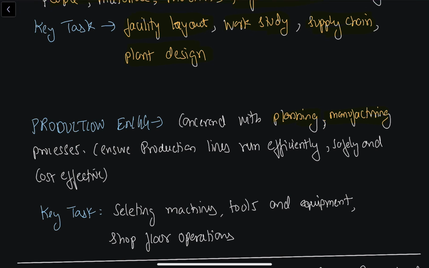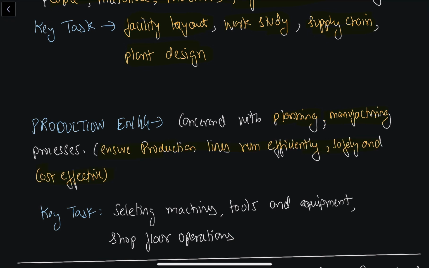If any product is built through casting, he will focus on the casting part, then take it to the machining part, then the final product will be used at some other location. All this information and activity is controlled by the production engineer. The production engineer ensures the production line runs efficiently, safely, and cost effectively.